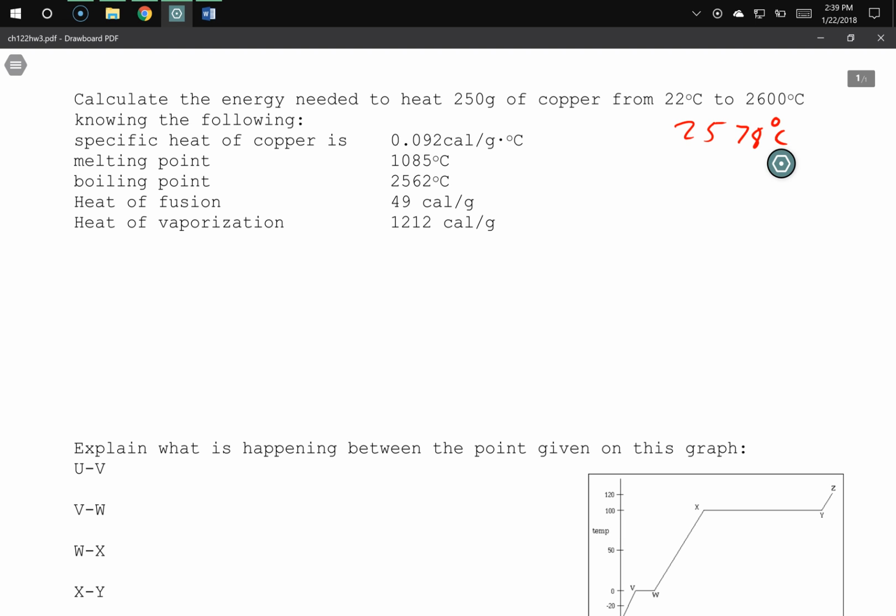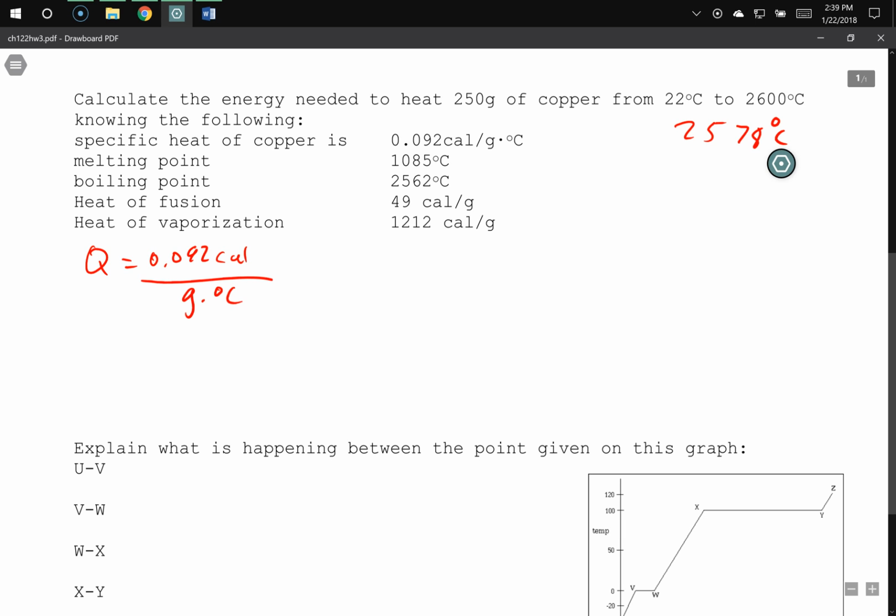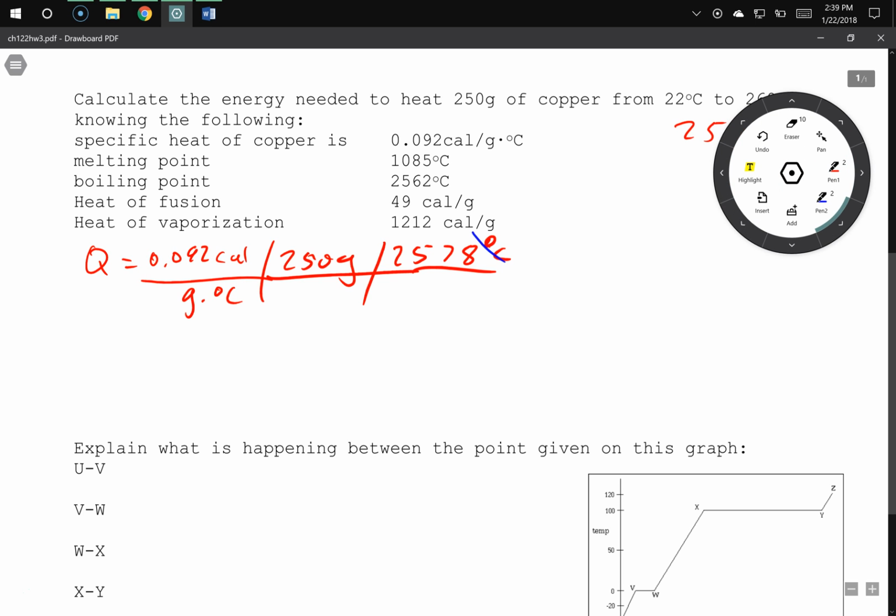So then I can do Q equal to 0.092 calories per gram degree C, and my mass is 250 grams, and my temp change is 2578 degrees C. So then I get the degrees C to cancel, I get the grams to cancel.